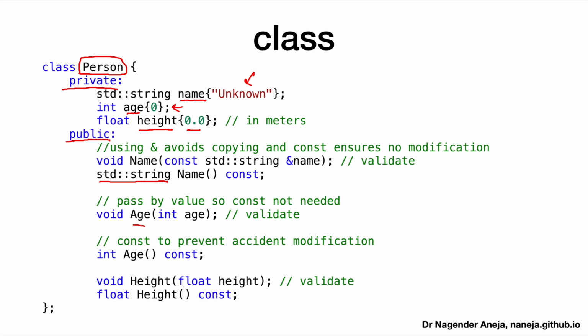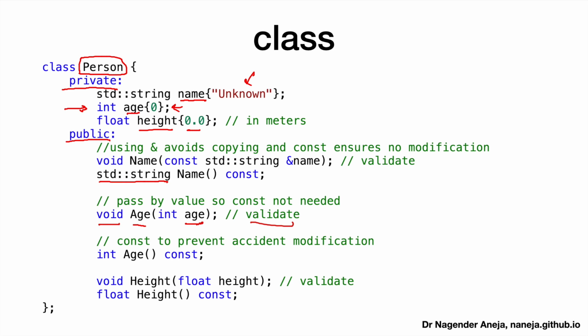Similarly, we have an age function. This receives the age, which means that this is a mutator, and it returns nothing because its objective is to set the value of the age. So we need to check whether the age is at least greater than 0, and then we may also check that maybe it's less than 150 years.